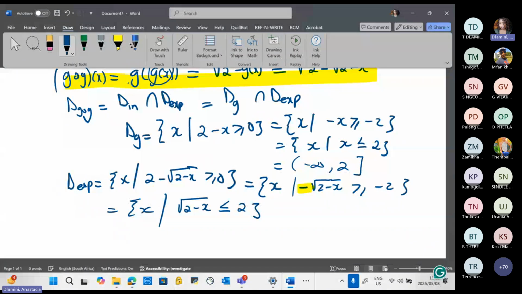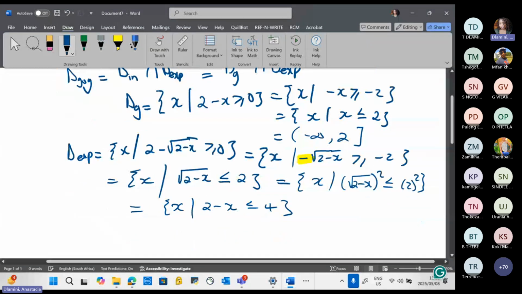Then after that, you can square both sides. So the square root of 2 minus x squared is less than or equal to 2 squared. What you do on your left, you do on your right. What you learned in grade 3 is still important even today. So 2 minus x is less than or equal to 4.